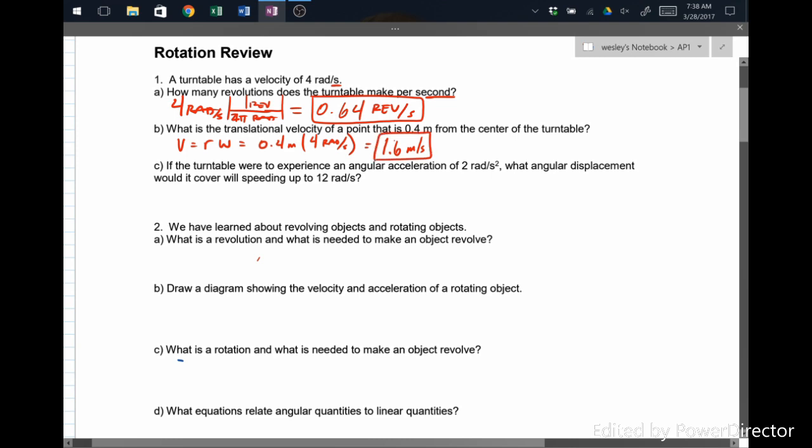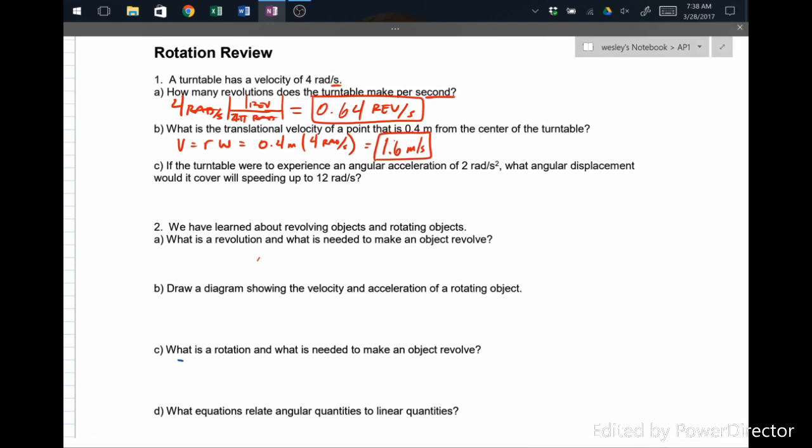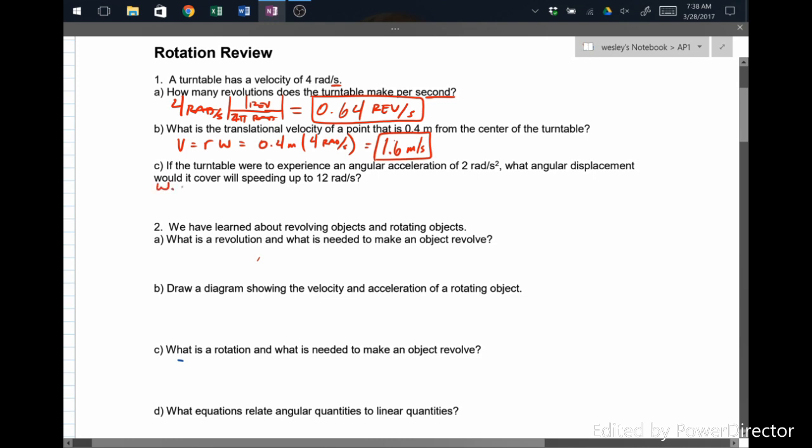If the turntable were to experience this angular acceleration, what angular displacement would it cover? Okay, so we start off with initial angular velocity of 4 radians per second. We have a final angular velocity of 12 radians per second. We have an angular acceleration of 2 radians per second squared. And we want to know theta. So we're going to use omega squared equals omega 0 squared plus 2 alpha theta.